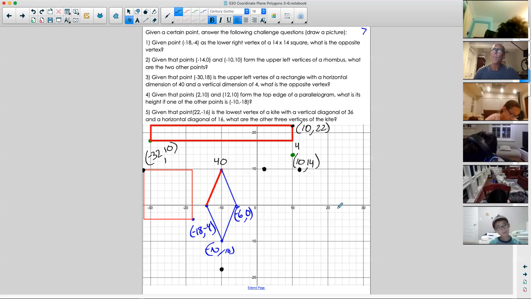I'm not going to draw the parallelogram for you for at least a minute, and I want you guys to give it a shot. And if you have the answer, please chat to me the height.